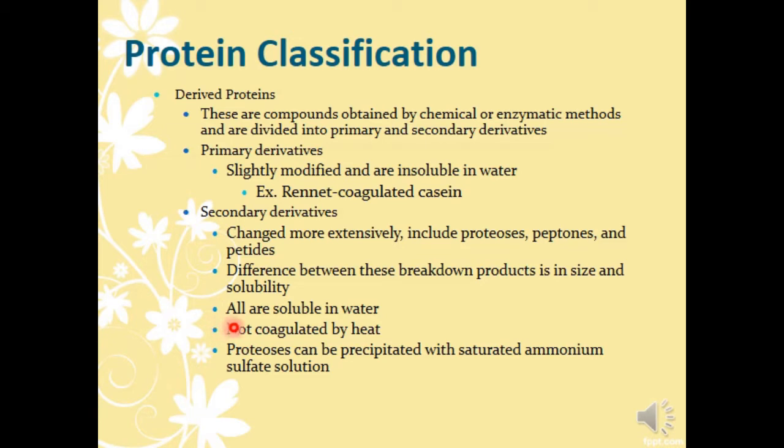All secondary derivatives are soluble in water, unlike primary derivatives, which are insoluble. Secondary derivatives are not coagulated by heat. And lastly, proteose can be precipitated using saturated ammonium sulfate solution.